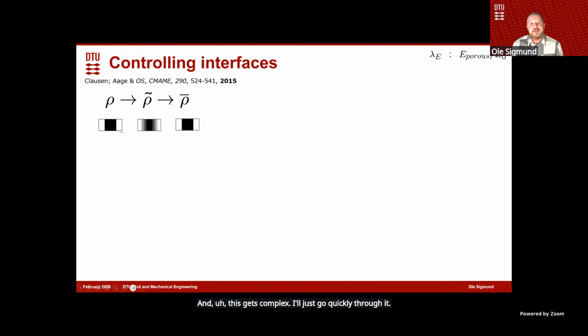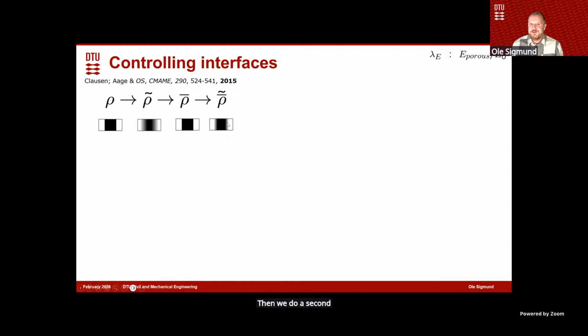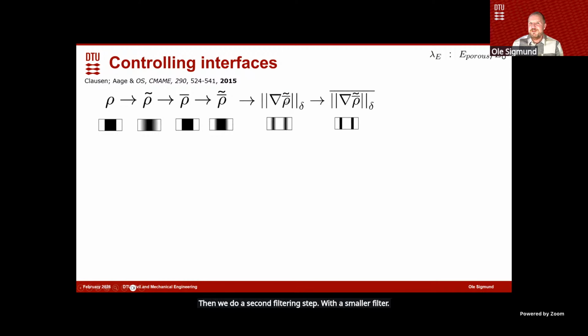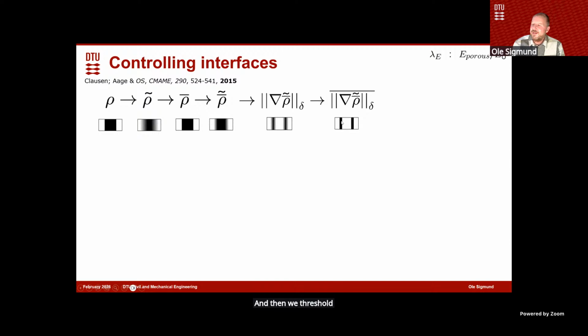Essentially, we start with the design variables, we do filtering, and we do projection. Then we do a second filtering step with a smaller filter. We compute the gradient norm of that step, so that identifies where the boundaries are, the gray transition regions, and then we threshold that also. That identifies the outer edges of the design.